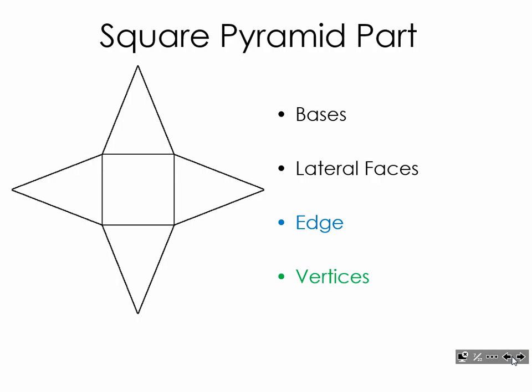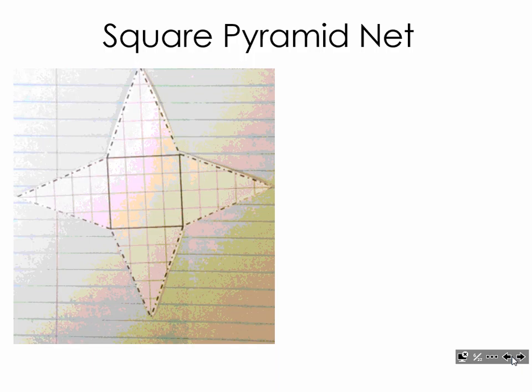Let me go back to our net real quick. On the net, we calculated that this area was 16. We saw that this was 4. I probably should do that in a different color. But yeah, sorry, we had a 4 by 4, so we knew that this edge was 4. And then we could see the height. Height's always perpendicular.